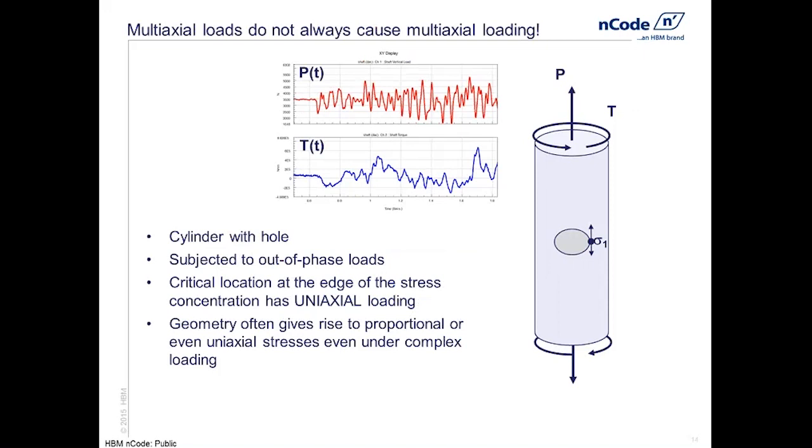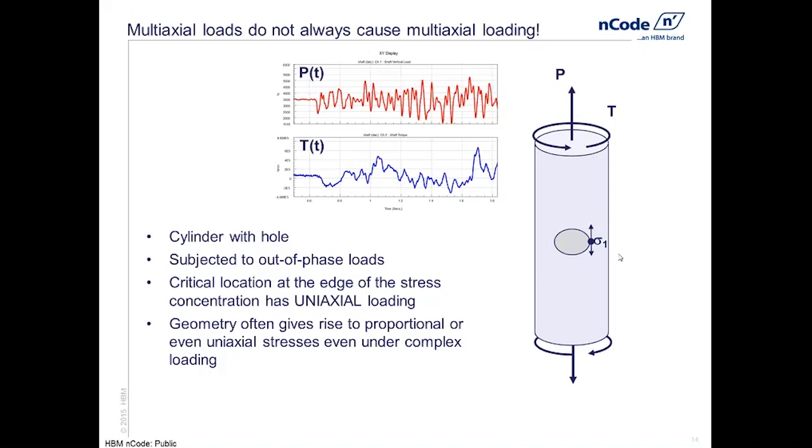Now, the critical location for fatigue in this component is going to be somewhere on the edge of this hole due to the stress concentration. However, if you think about the stress state at the edge of a thin sheet, it can only ever be uniaxial and parallel with the edge, irrespective of what the external loads are.